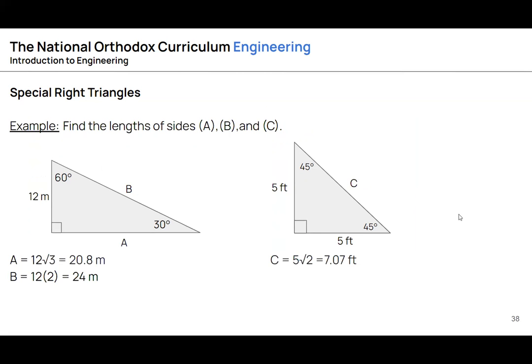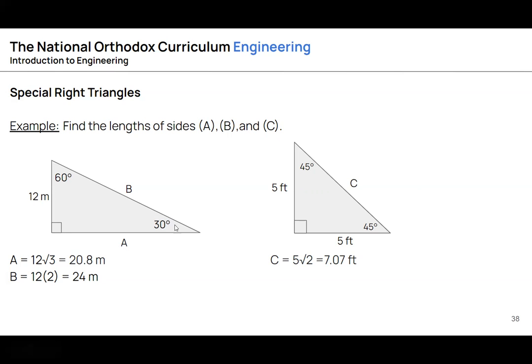To better understand this, let's look at an example. Find the lengths of sides A, B, and C. On this first triangle, we're looking for A and B. So, if the short side of a 30, 60, 90 triangle is 12, then the long side will be 12 times the square root of 3, which when calculated is 20.8 meters.